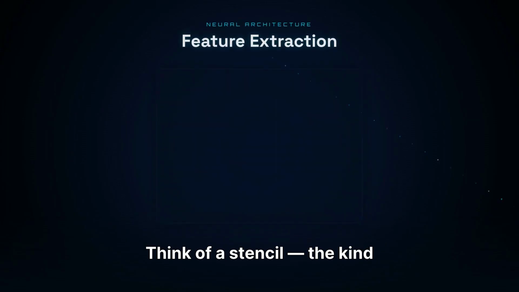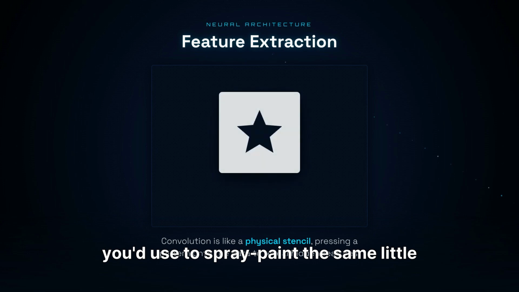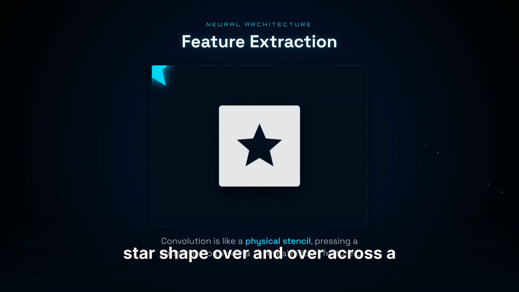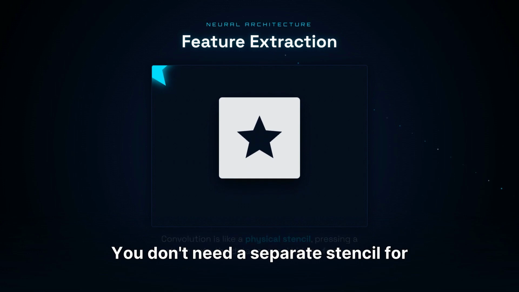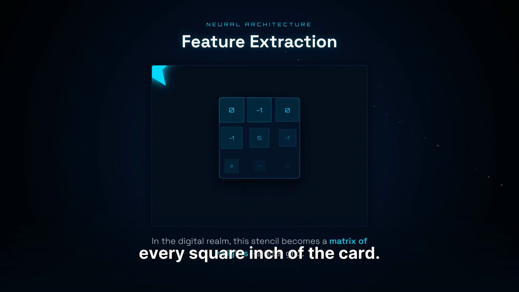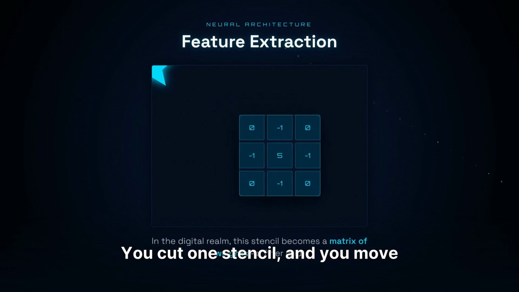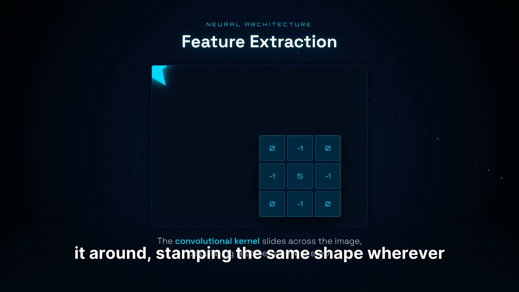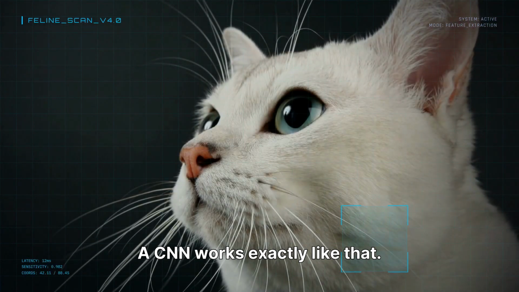Think of a stencil, the kind you'd use to spray paint the same little star shape over and over across a large piece of card. You don't need a separate stencil for every square inch of the card. You cut one stencil and you move it around, stamping the same shape wherever you place it. A CNN works exactly like that.